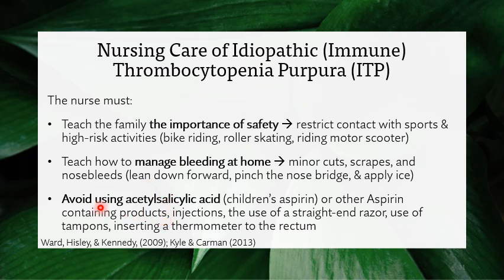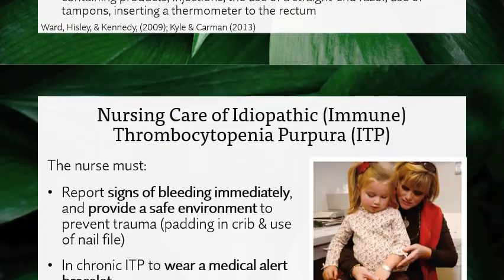And avoid using acetylsalicylic acid, which is like children's aspirin, because this causes more bleeding in the patients. And we also ask them to not do any injection, use a straight razor, use tampons, and even insert a thermometer to measure temperature from the rectum, because it might cause another bleeding in the patient.